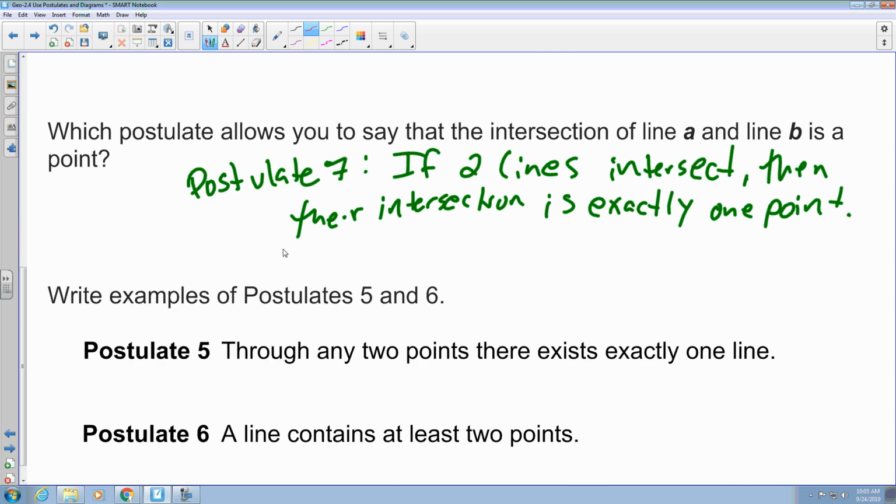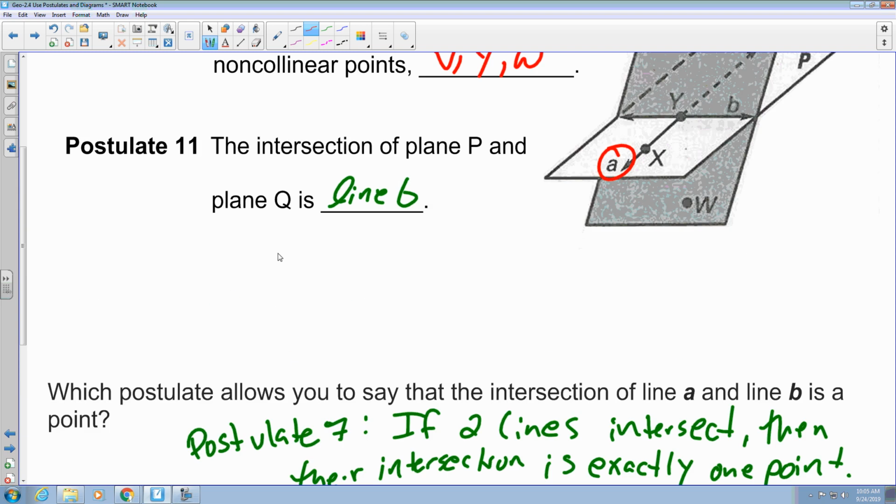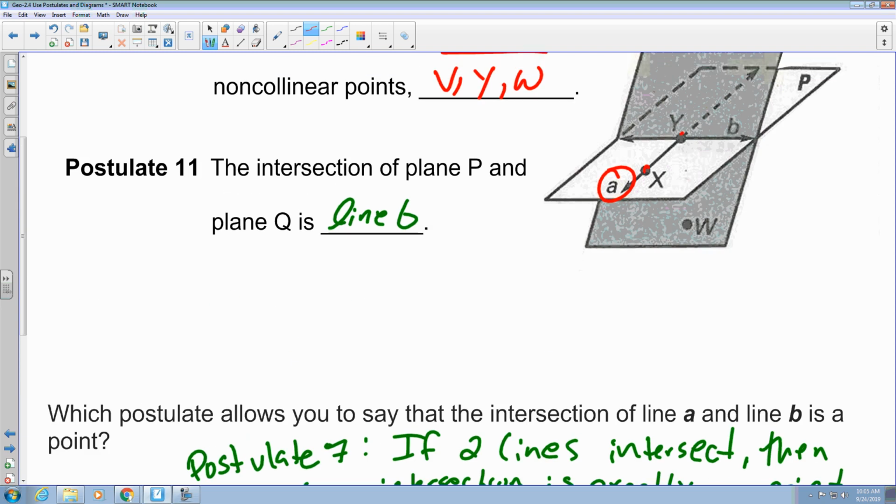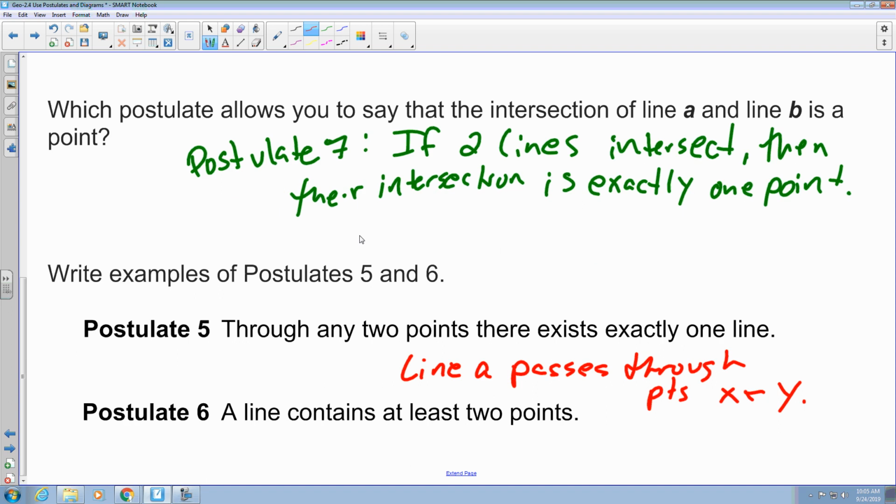Line A passes through points X and Y. Here's X, there's Y. And then it says a line contains at least two points. Piggybacking off of what postulate 5 says, we can say that line A contains points X and Y.